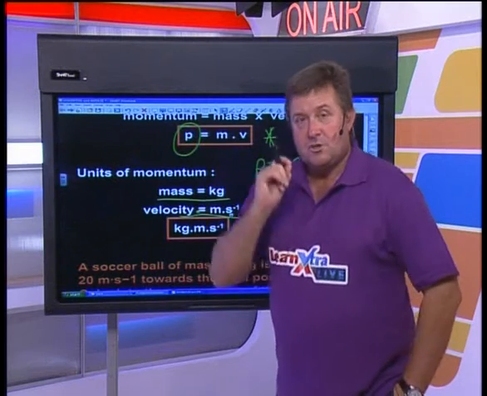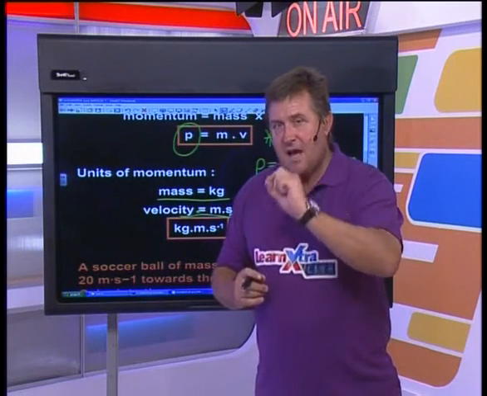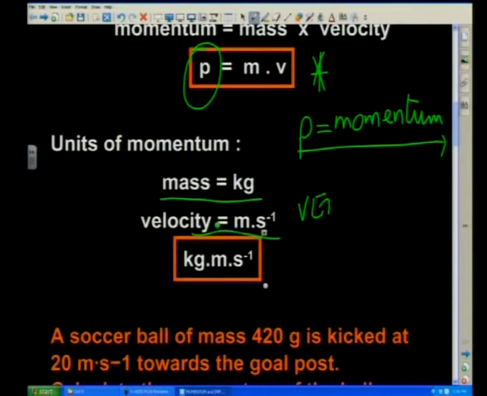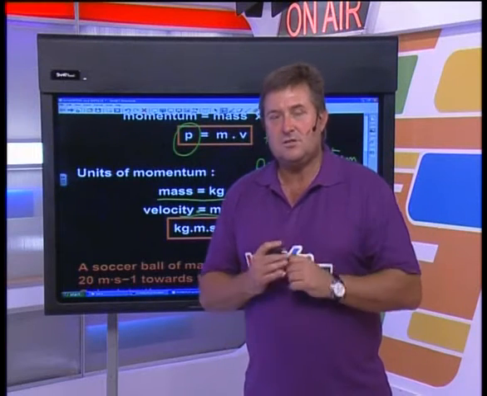Another thing that I want to talk specifically about when it comes to momentum is that if it's the mass times the velocity, this velocity over here has to be a constant velocity. So in other words, we are dealing with, at this stage, a constant velocity situation.